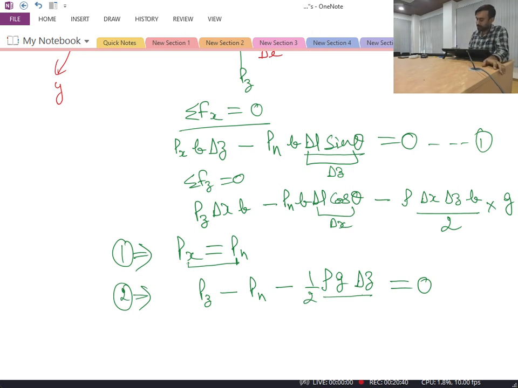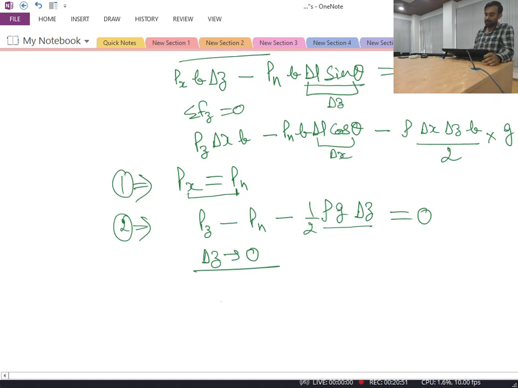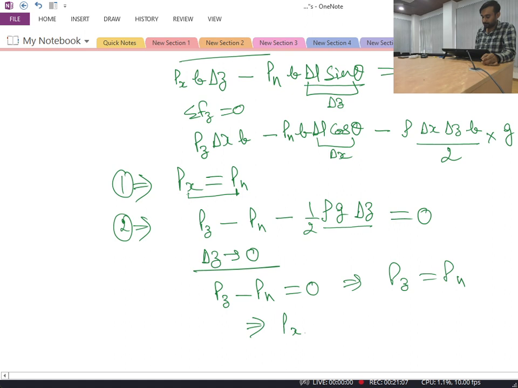Now if we make one assumption that my fluid element is so small that delta z is almost approaching 0, then I will find that Pz minus Pn is equal to 0 and Pz equal to Pn. From here one important point we get, that Px equal to Pz equal to Pn. Okay, so this is a very important point.